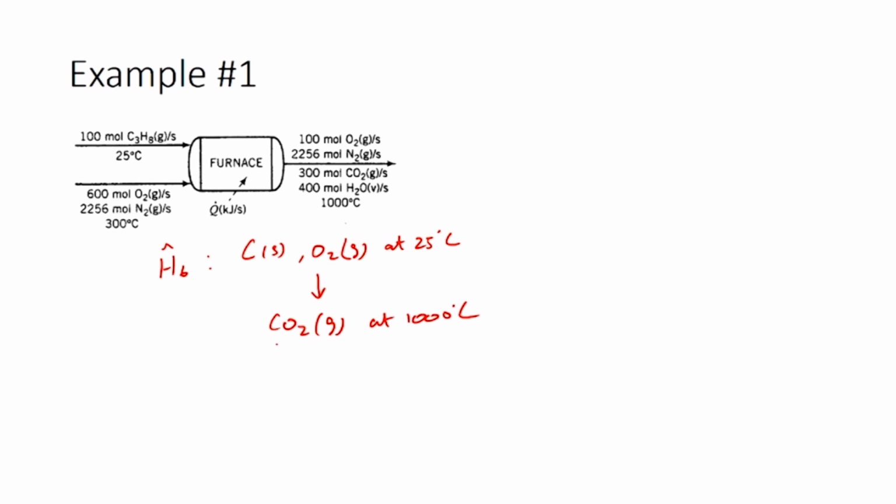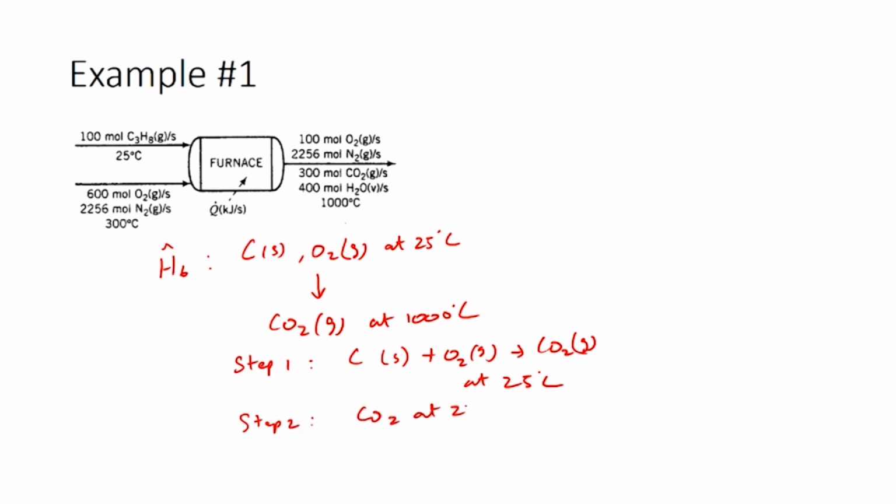In heat of formation, the standard heat of formation can be obtained for carbon dioxide being produced from carbon solid and oxygen gas at 25 degrees Celsius. So, this process actually has two steps where you have step 1 as carbon solid plus oxygen gas forms carbon dioxide gas where all are at 25 degrees Celsius. So, this is the first step. Step 2 is where CO2 at 25 degrees Celsius is actually heated to CO2 at 1000 degrees Celsius.